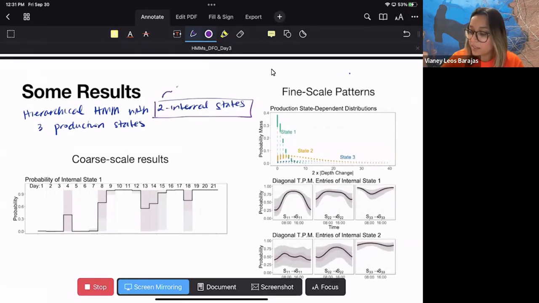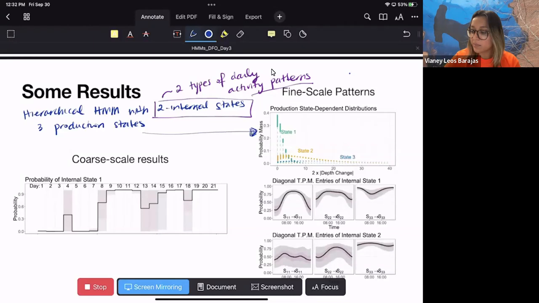That I think there's at least two types of daily activity patterns in sharks. And this is just based on the 20 days that I had available to me. So we have 2 internal states, 3 production states. And as you can see, these are our estimates.